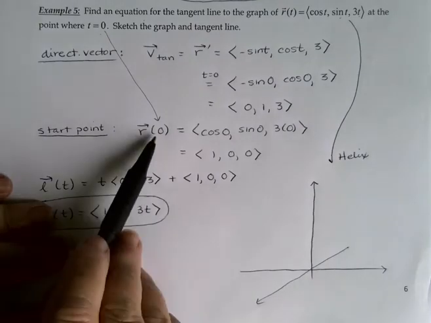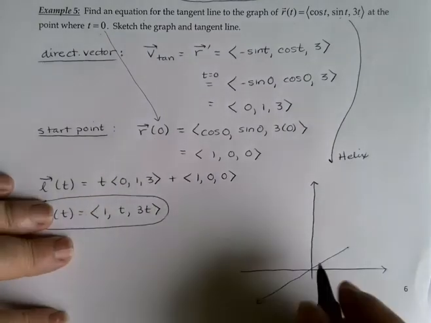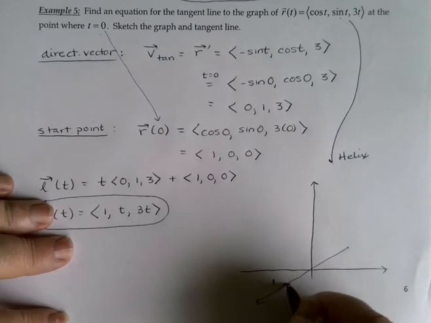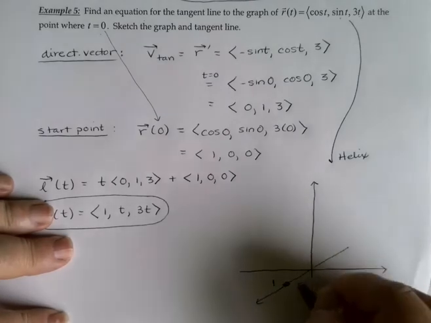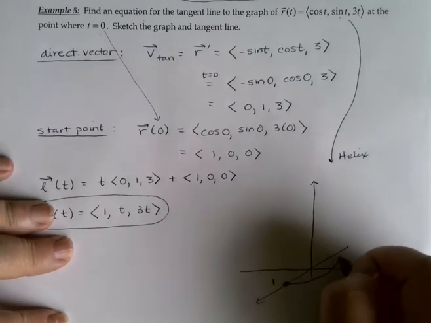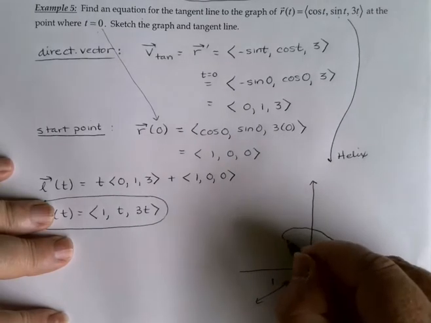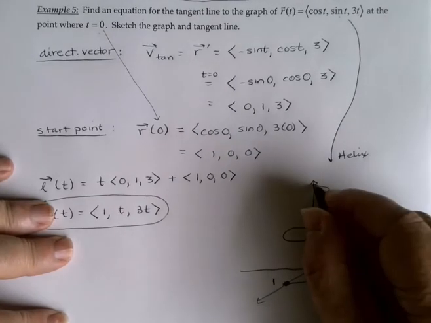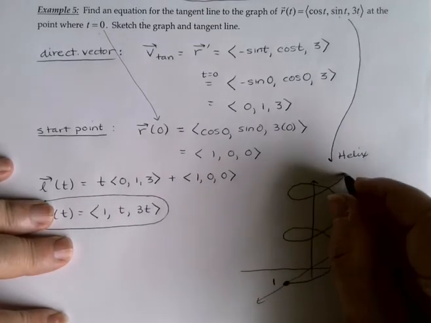And we actually already know r of 0, our starting point, is 1, 0, 0. So right here. And as we go around our circle, we also stretch up that positive z-axis.